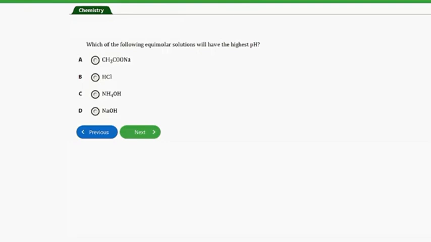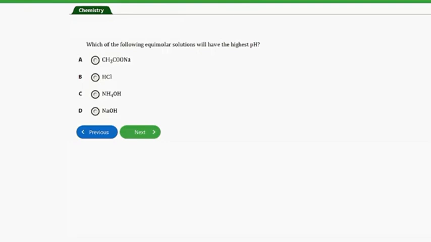Here sodium hydroxide will have the highest pH because it's the strongest base here. We know that basicity increases along the pH, whereas when you go down the pH, that's how acidity increases.